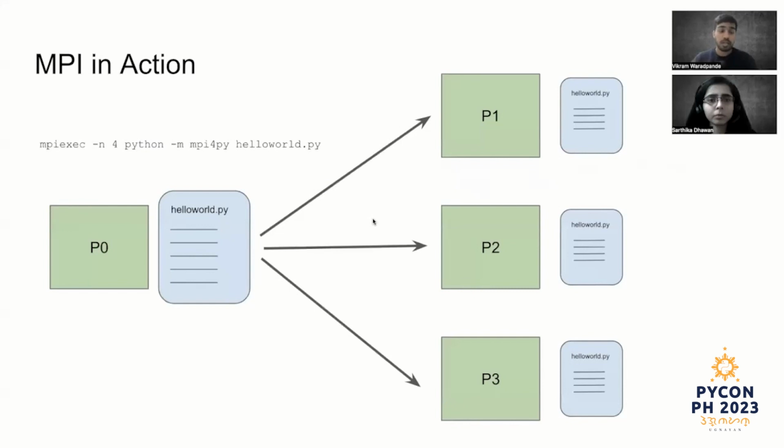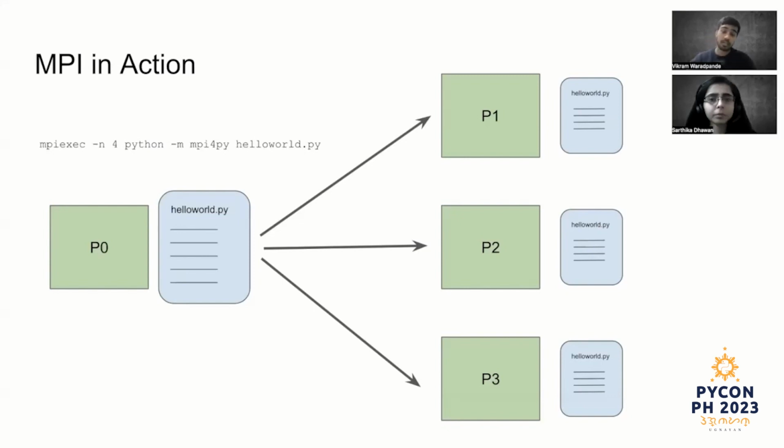You can imagine P0 is our master node, say it's my computer, and then I have 3 other computers apart from my own, and I want to run MPI on all those 4. So I'll execute this command, mpiexec -n 4 python, and then the hello world program. If these are actually different machines, I need to specify the IP addresses of these machines.